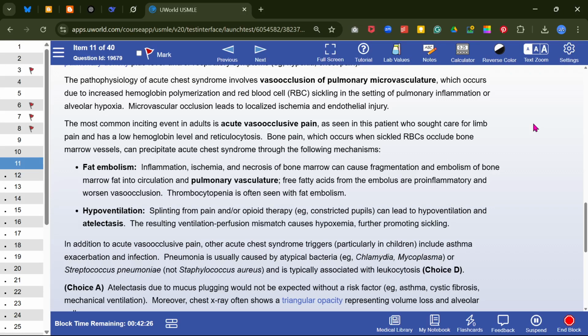In addition to acute vaso-occlusive pain, other acute chest syndrome triggers, particularly in children, include asthma exacerbation and infection. Pneumonia is usually caused by atypical bacteria, chlamydia, mycoplasma, and Streptococcus pneumoniae, not Staph aureus, and is associated with leukocytosis.